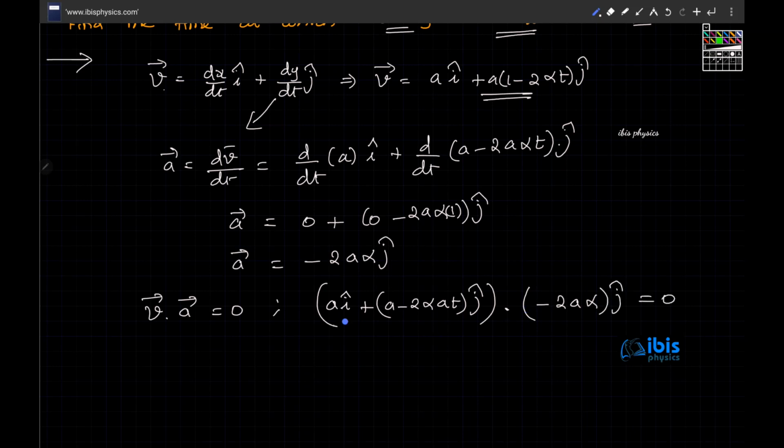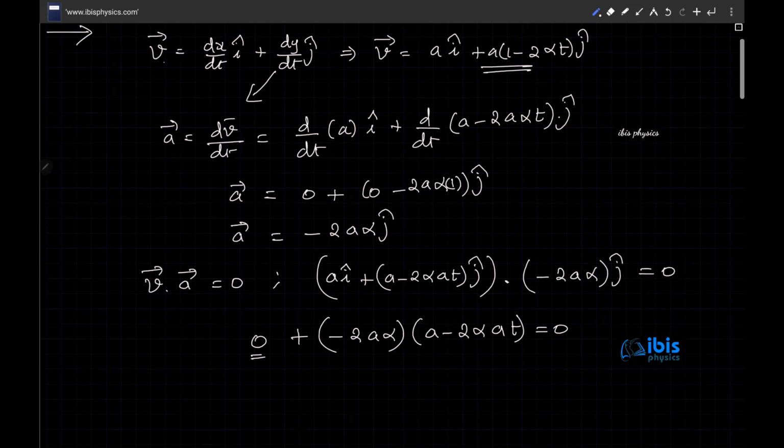So there is no a component, so that will go. So this into this, it is minus 2a alpha multiplied by a minus 2 alpha a into t, because i coefficient into i coefficient, j coefficient into j coefficient, that is equal to 0. The i coefficient in the acceleration is 0, so that becomes 0 here. The x coefficient multiplication is 0, and the y coefficient multiplication is this.